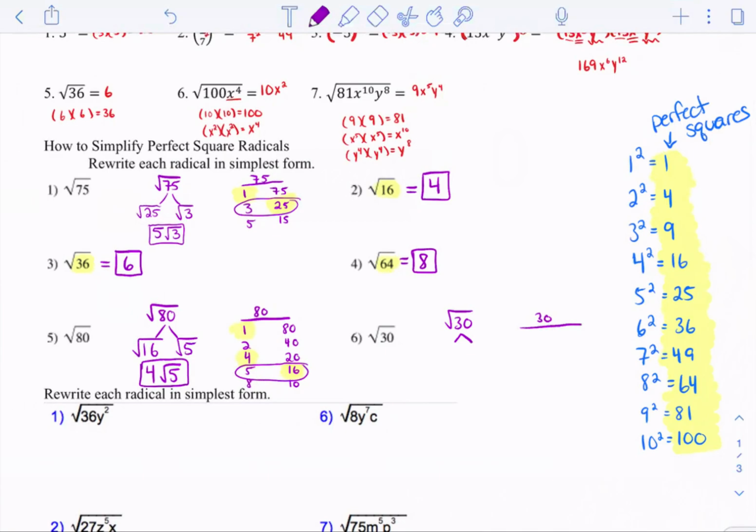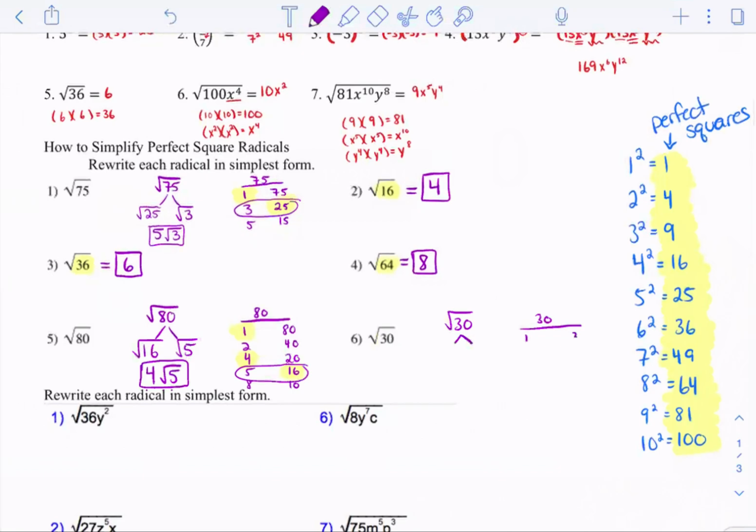Again, I get to my calculator, if you need it, to get the list of factors of 30. 1 times 30, 2 times 15, 3 times 10, and 5 times 6. Now if I look at the numbers here that are perfect squares, the only one I have is 1.